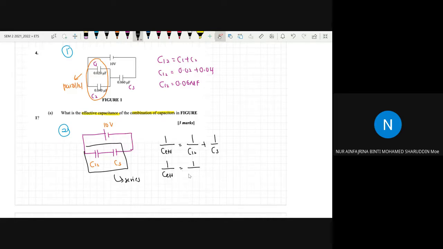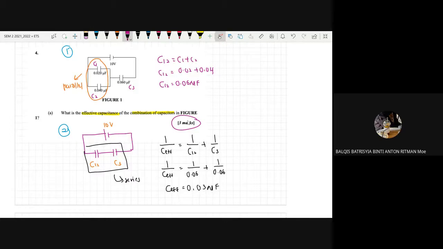So C12 adalah 0.06 dan C3 adalah 0.06. So you punya effective capacitance gonna be 0.03 microfarad. So that's all. Okay, boleh? This one quite easy, right? And only 3 marks. Okay, may I proceed?